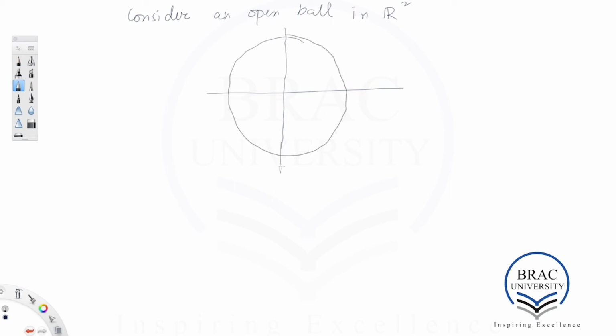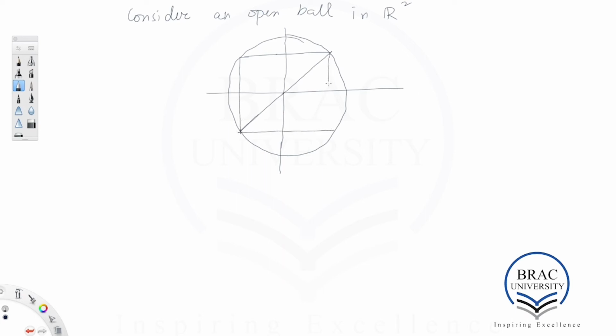Now I'm going to draw this diameter at 45 degrees, and now I can fit a square inside this circle, right?